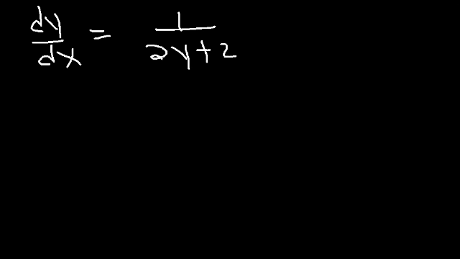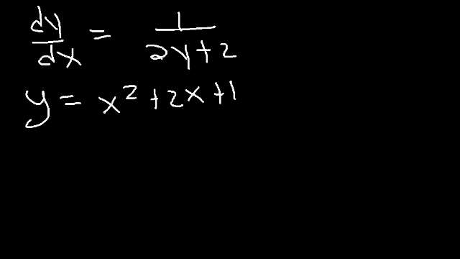Now let's get the derivative of the inverse function in terms of x, now that we have both answers in terms of y. So we know that y is equal to x squared plus 2x plus 1. But this is for the original function, f of x.